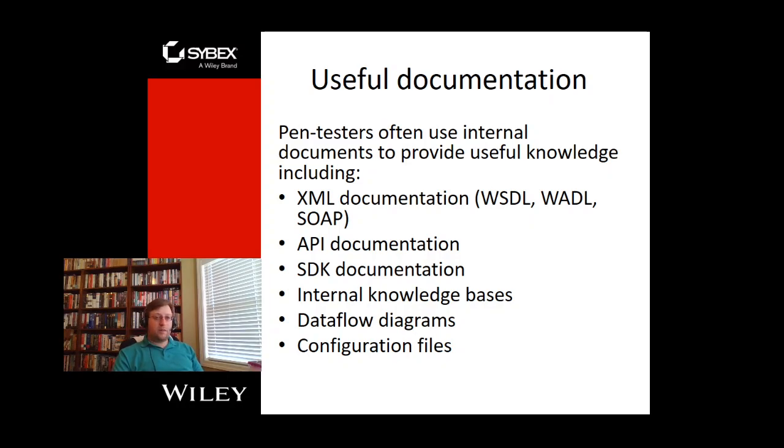There's a couple other things before we go on to talk about documentation. One of the things that is important to realize is that the limitations of the test are just as important as what's specified that you're testing.